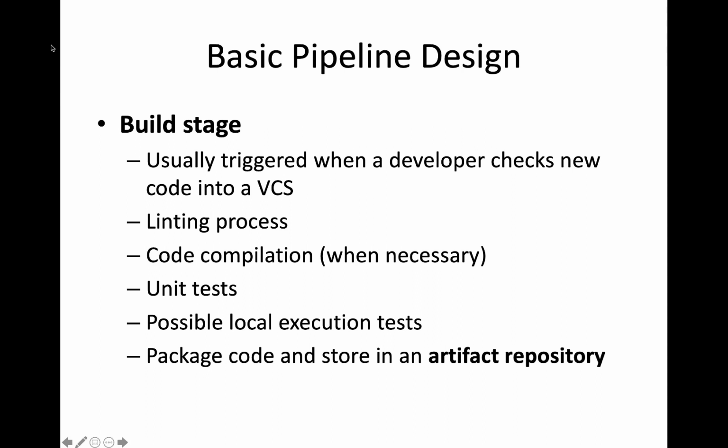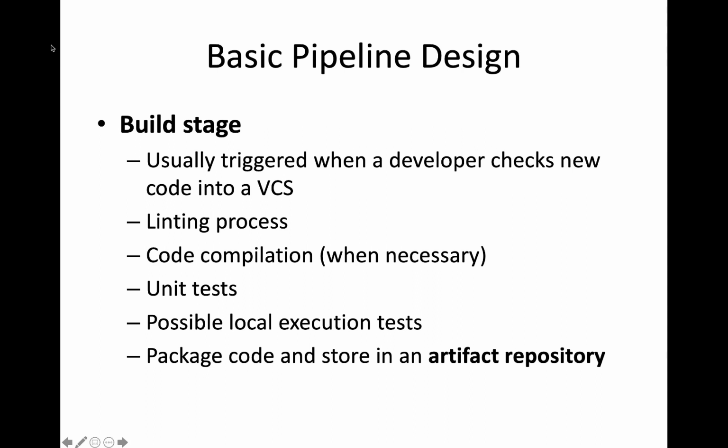The build server will then lint the application code. It will perform unit tests on the application code, and then, depending on the type of application, it may go through some sort of compilation process where it will build some sort of binary file.